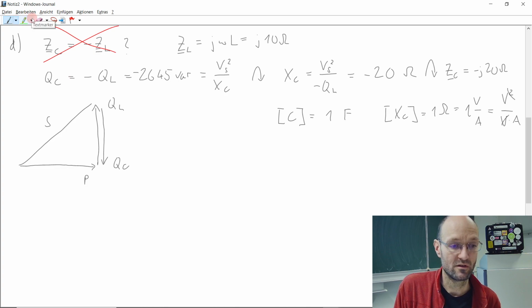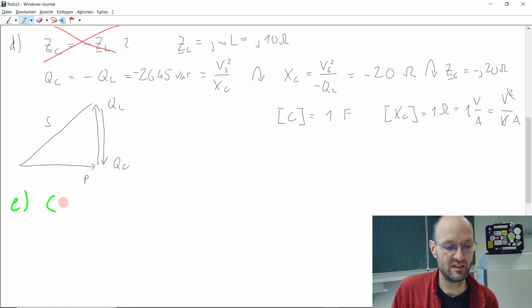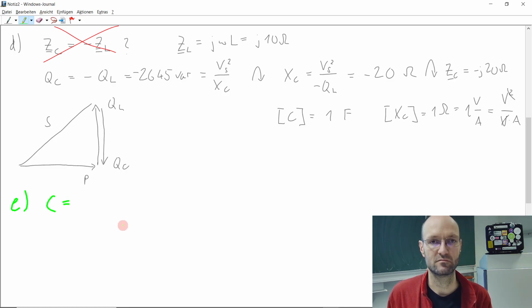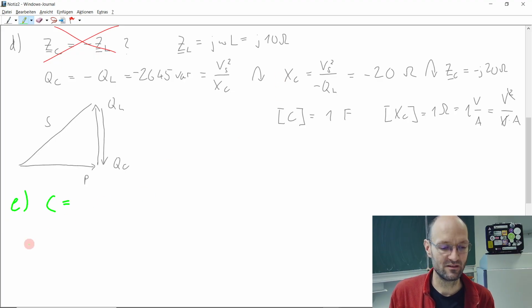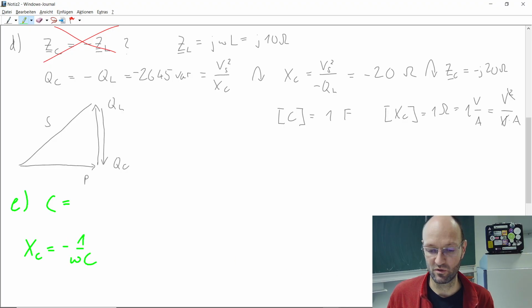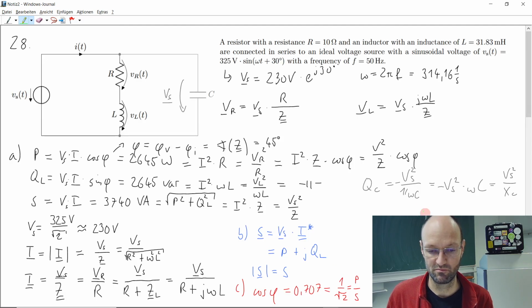For subtask E, we want to find C. Where is the C hidden in the results that we got so far? Yeah, from the reactance, because we know that this reactance is minus 1 over omega C. This is what we also used on the page before here at this position, right? The 1 over omega C, we said this is Xc. And okay, including the minus.